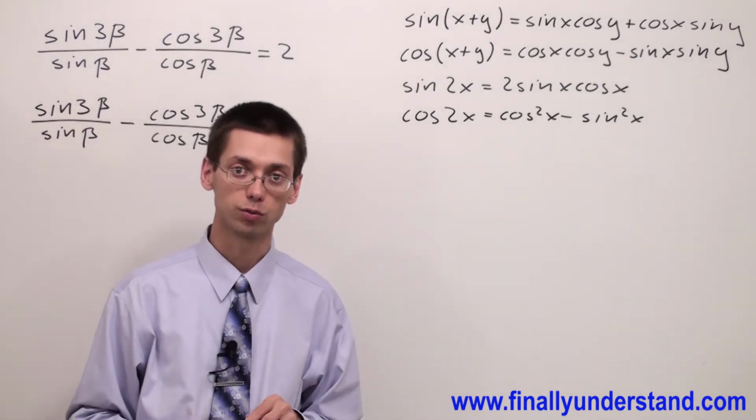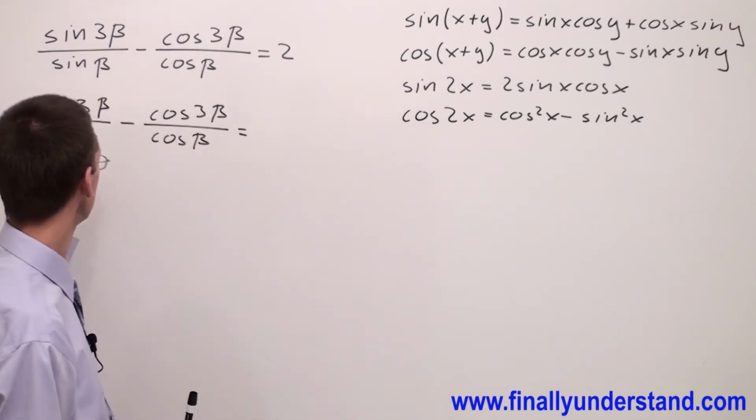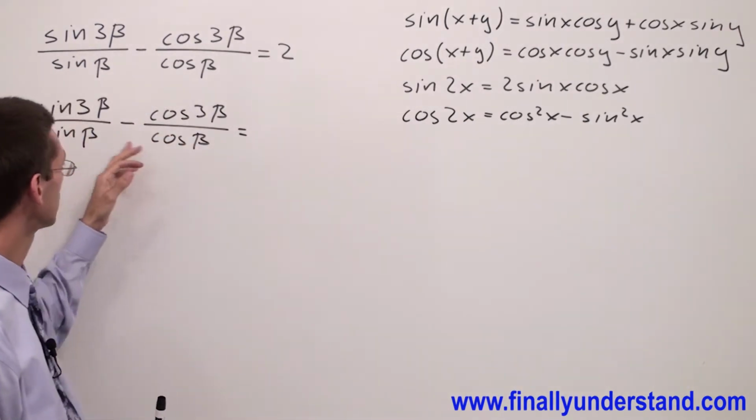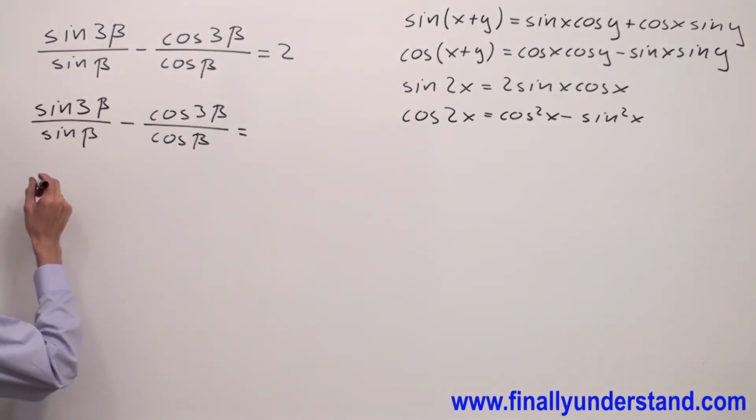In order to subtract fractions, we're supposed to find the common denominator. Common denominator for these two fractions is sine beta times cosine beta. So with the common denominator, these two fractions are going to look like this.